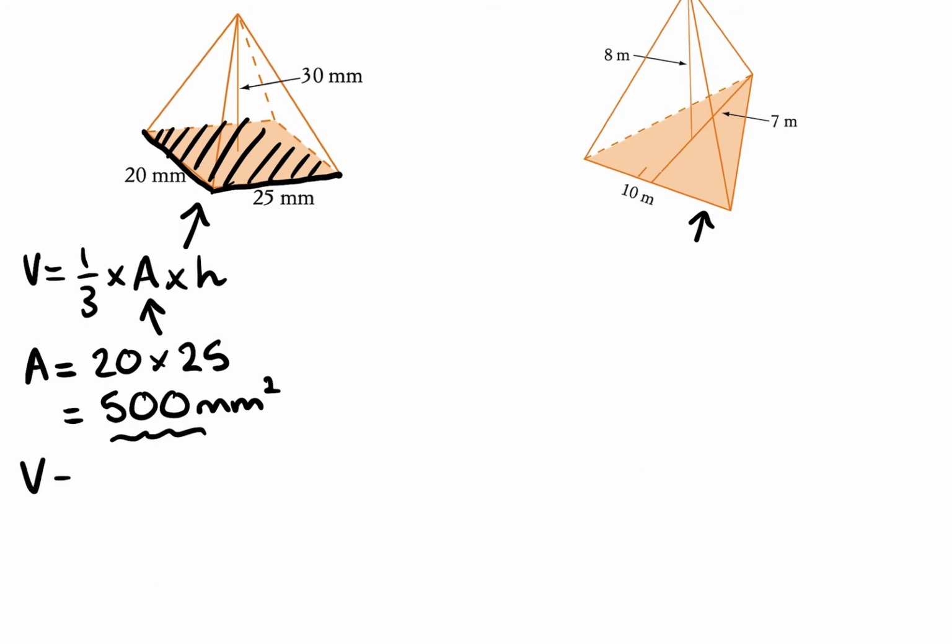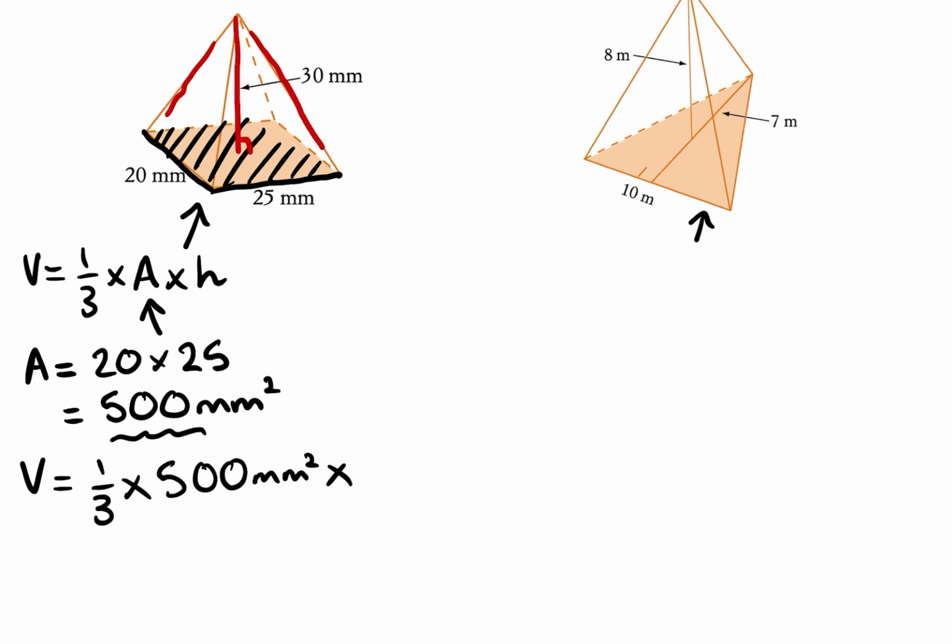So the volume is equal to a third of A, which is 500 square millimeters, times the height of the pyramid now. So the height of the pyramid, I'll just change my color, is this height here. Okay, it has to be the perpendicular height, so it has to make a right angle with the base. We can't use this slant height here.